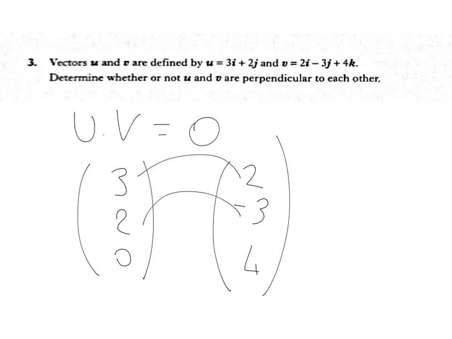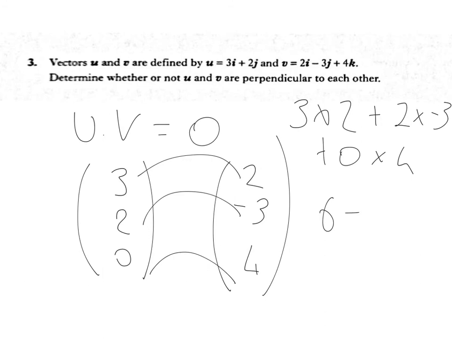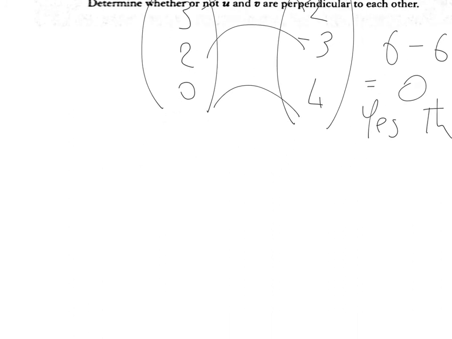So I'm going to apply the scalar product here. That'll be 3 times 2 plus 2 times minus 3 plus 0 times 4. So that's 6 minus 6 plus 0, which is 0. So yes, they are, since u dot v equals 0.